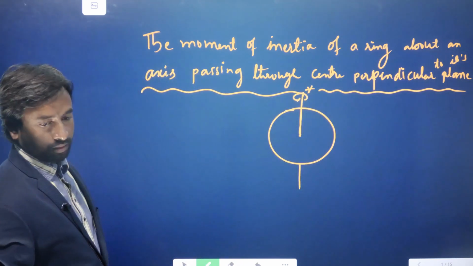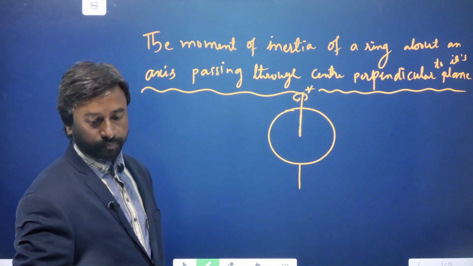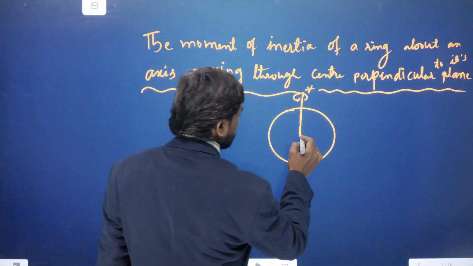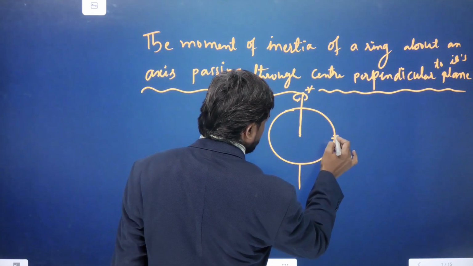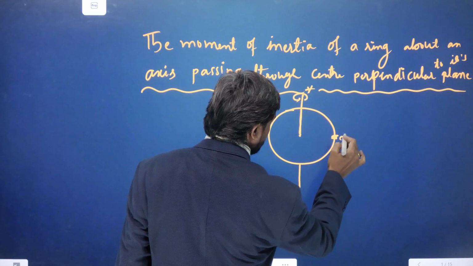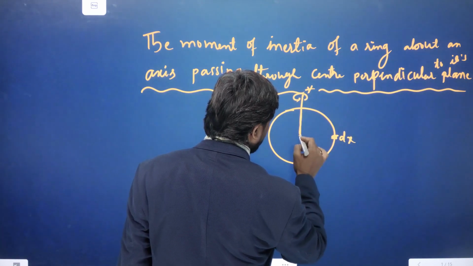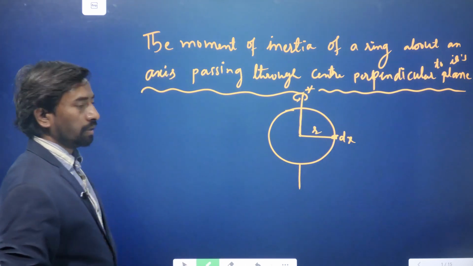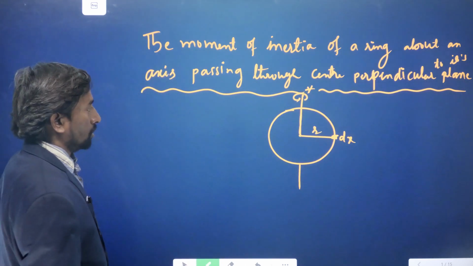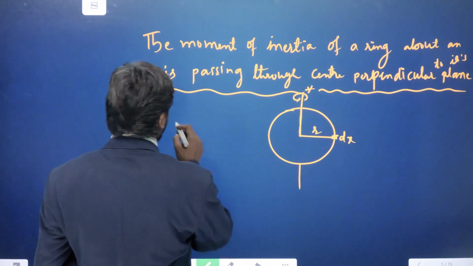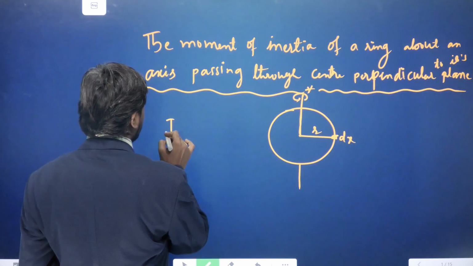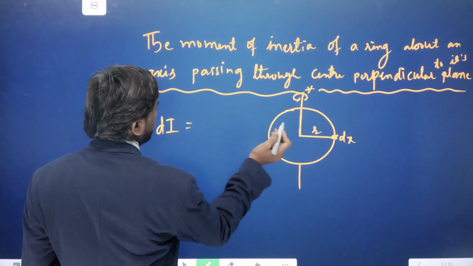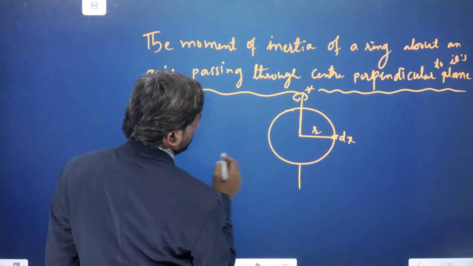So how to find it? For that we will consider a mass dm of the body, at a distance, let us consider, r. Then the moment of inertia we will get as dI.